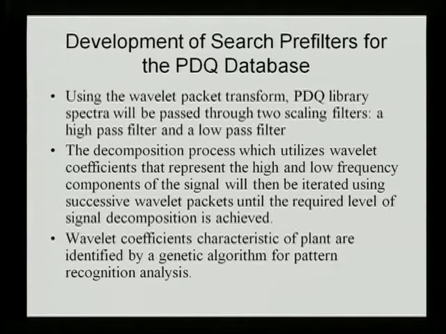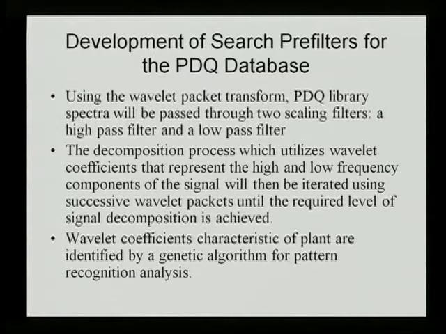wavelet coefficients contained in the spectra that contain information about the plant from which the clear coat paint sample was prepared. In this particular problem, we're going to be dealing with spectra that consist of 1,944 points. Using the wavelet packet tree, each spectrum will be represented by 16,342 wavelet coefficients.